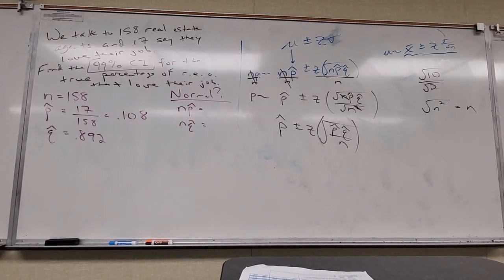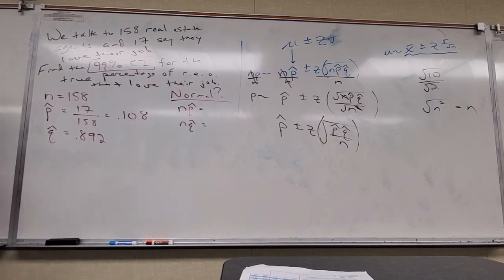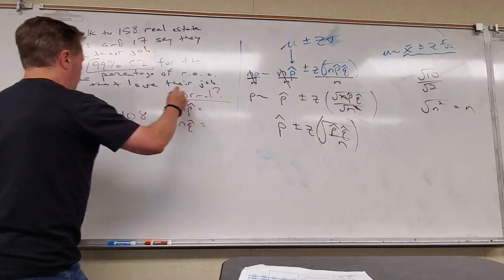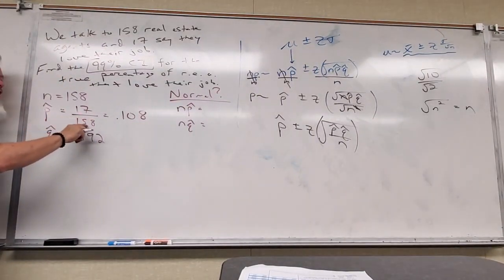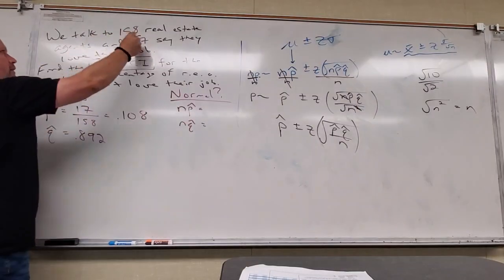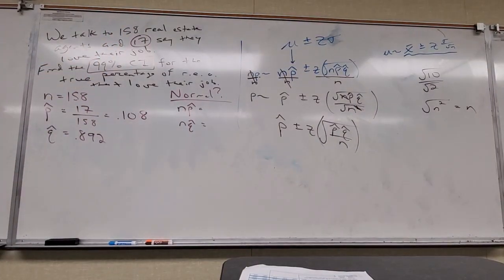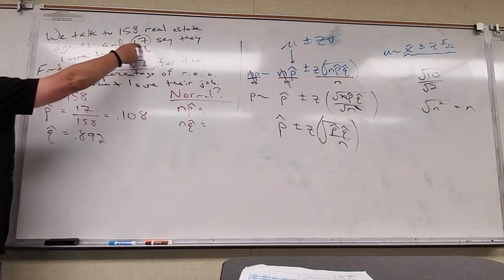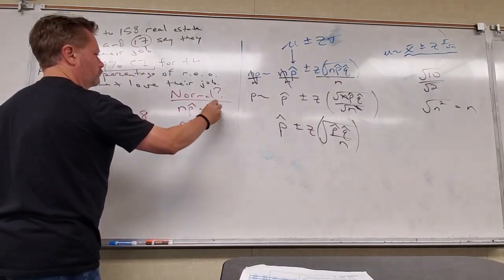You will get really close to 17. p hat will always have n on the bottom, so n p hat will always be the number they gave us. That's a shortcut. Do you have to remember that? No, you just take p hat and multiply by n, and you're going to get close to this. So is that good so far?